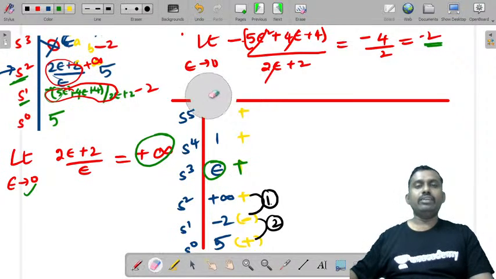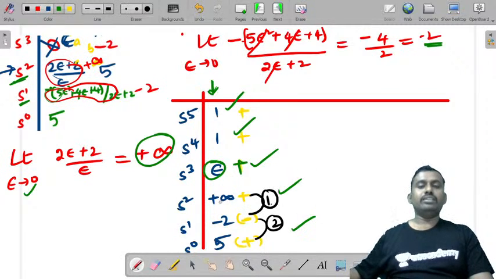We have again written all the first column elements with these numbers that were already obtained and these limits. There we found that there are two sign changes, one from positive to negative at s square to s1, and from s power 1 to s power 0 there is again a sign change.